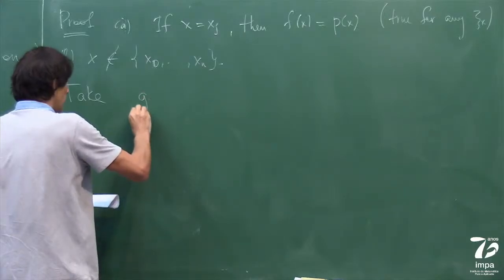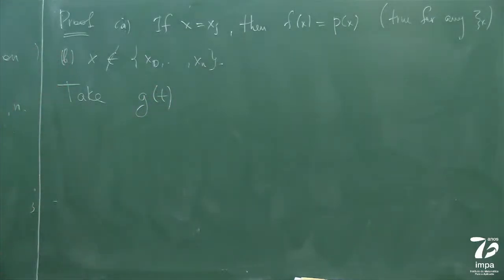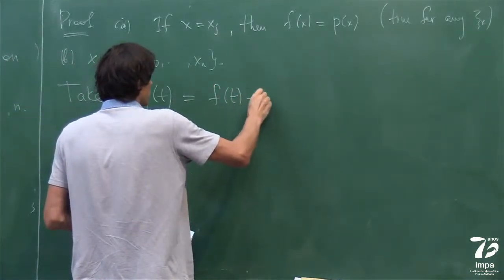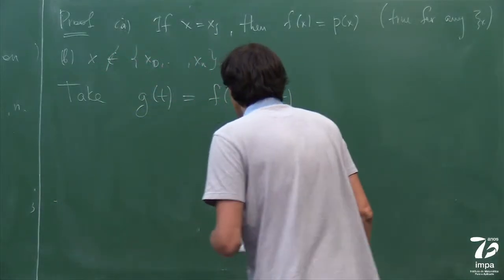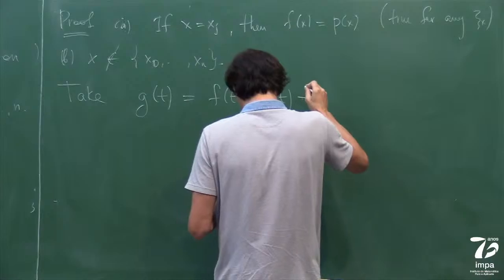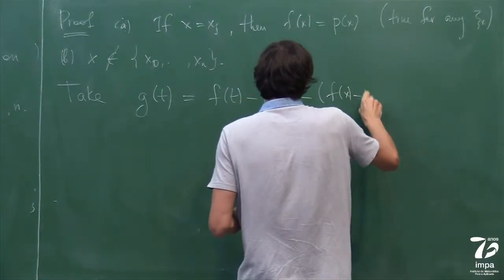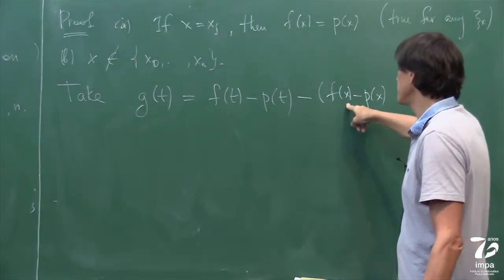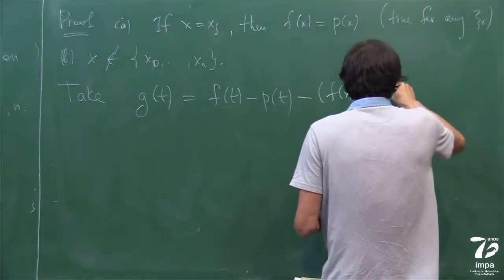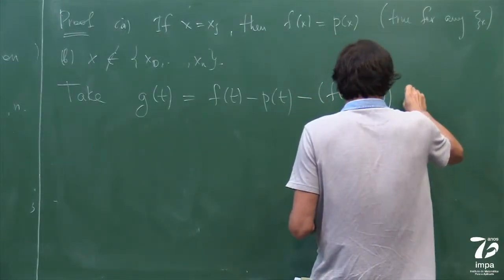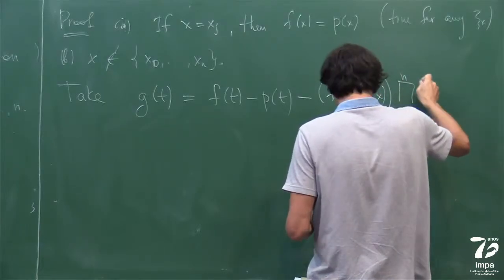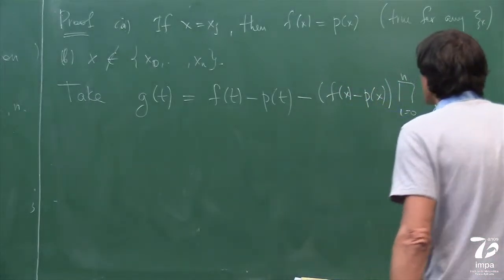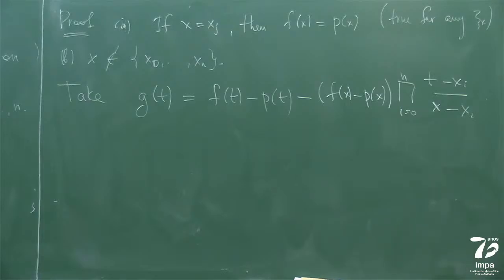So we define a function g of a new variable t, which is the difference f of t minus p of t, and then there will be a part of the function which depends on x. So f of x minus p of x. You see, x is fixed, so we consider the new function as a function of t. And this is the function difference at x, and then the product of t minus xj over x minus xj. So that's such a function.